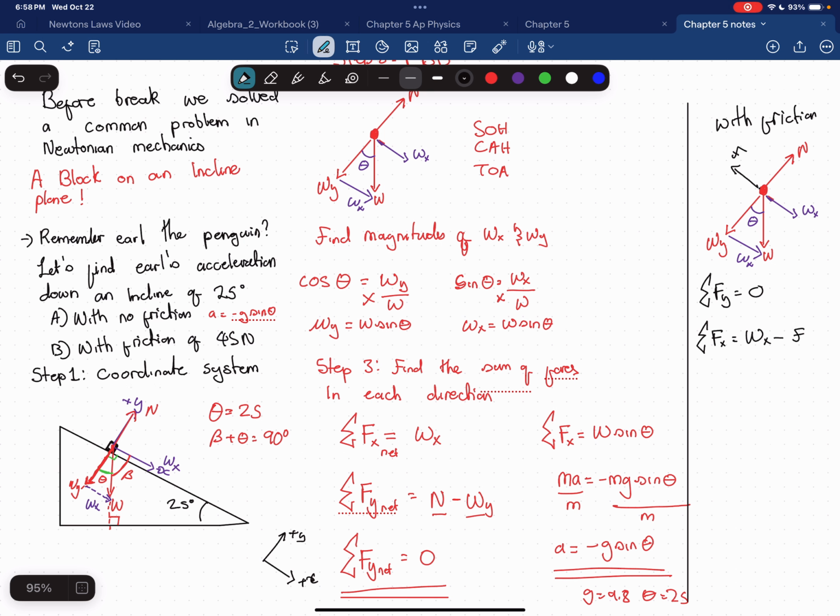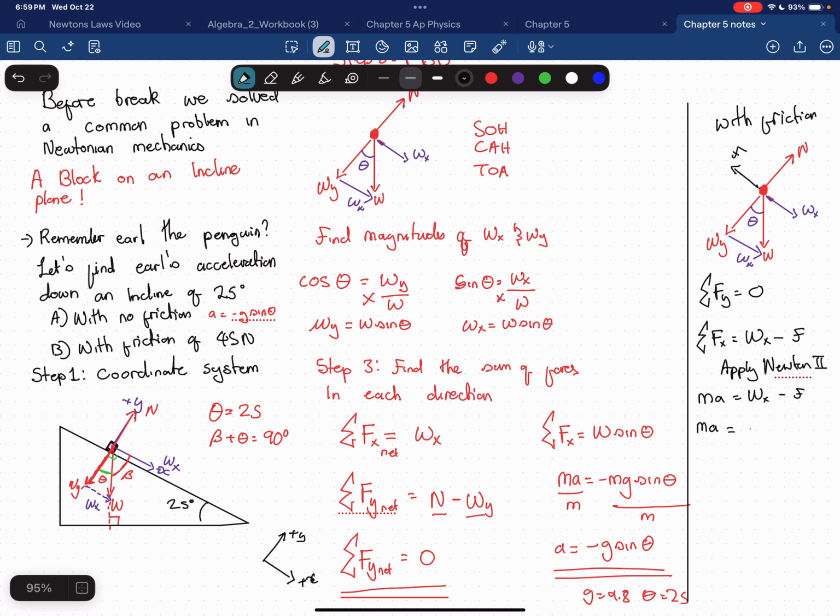At this point, after we solve our forces, we do the same thing. We apply Newton 2. Applying Newton 2 just means we change the sum of forces f of x to ma. It's going to be equal to w x minus f. And we know what w x is, we already solved for it.